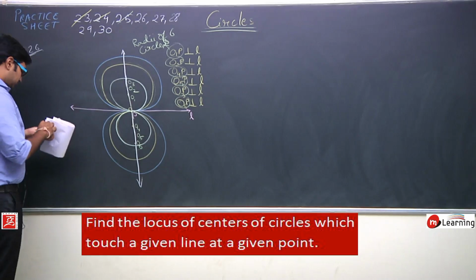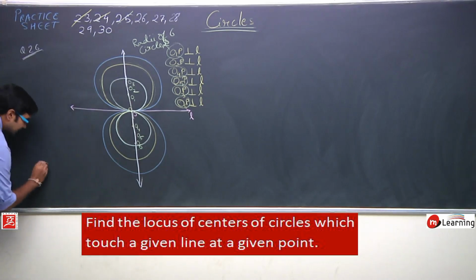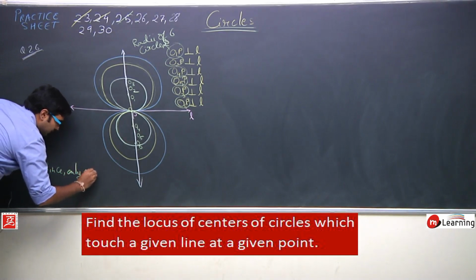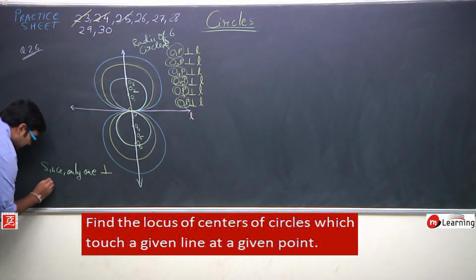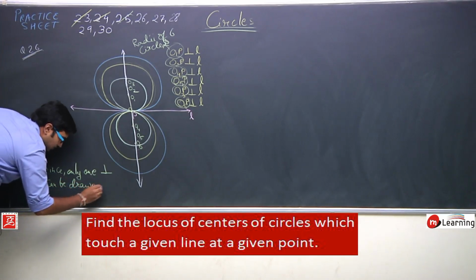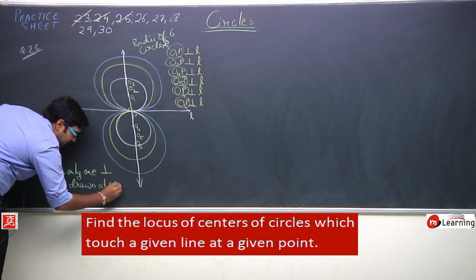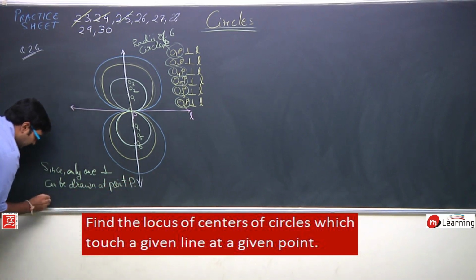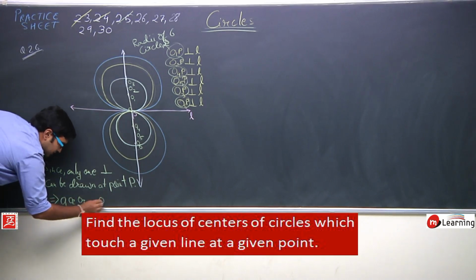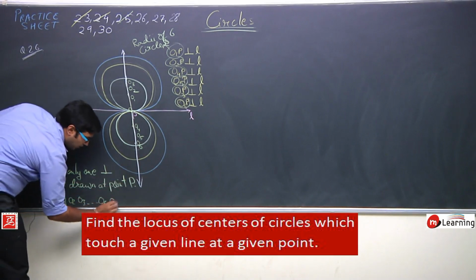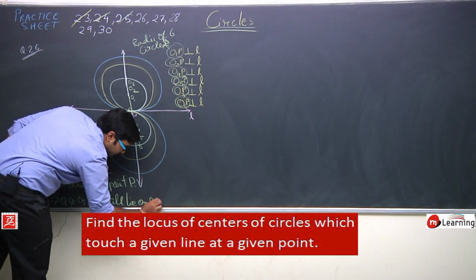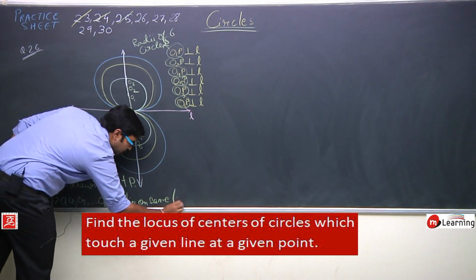So I can say, since only one perpendicular can be drawn at point P, it implies O1, O2, O3, O6 up to ON all lie on the same line.